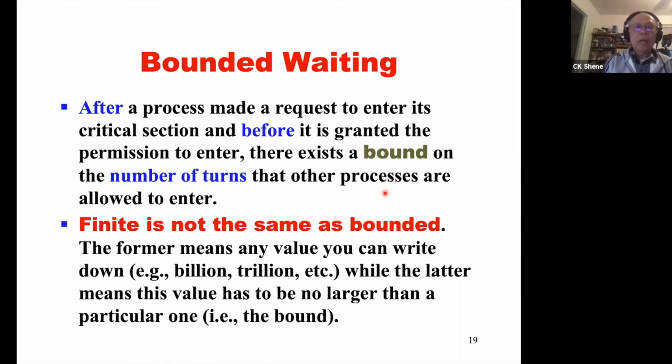We need a bound. Suppose I want to enter a critical section, and then I participate in the competition to enter. If the bound is 3, then I failed the first time because I was not selected to enter. So one process is ahead of me.